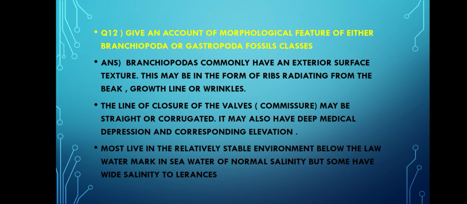Question number 12. Give an account of morphological features of either brachiopods or gastropods fossil classes. Answer. Brachiopods commonly have an exterior surface texture. This may be in the form of ribs radiating from the beak, growth lines or wrinkles.